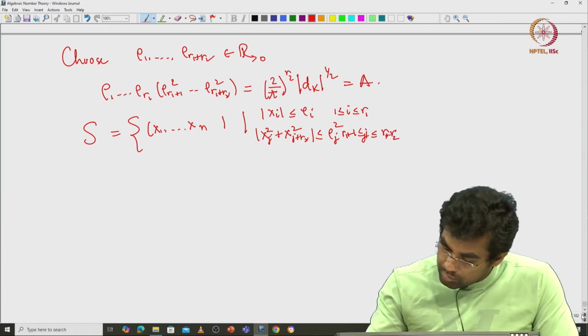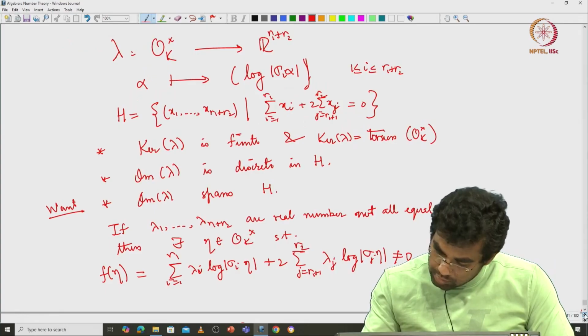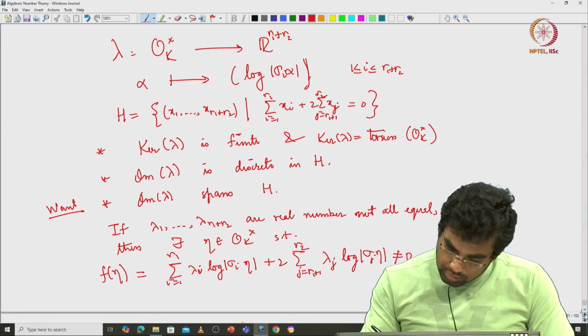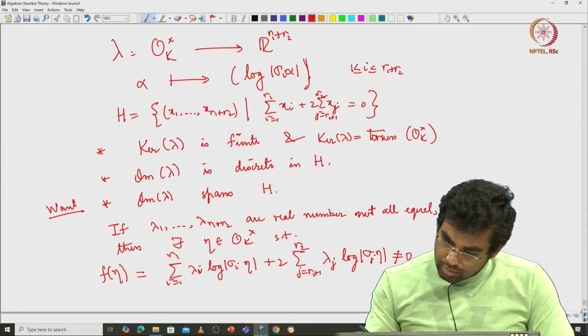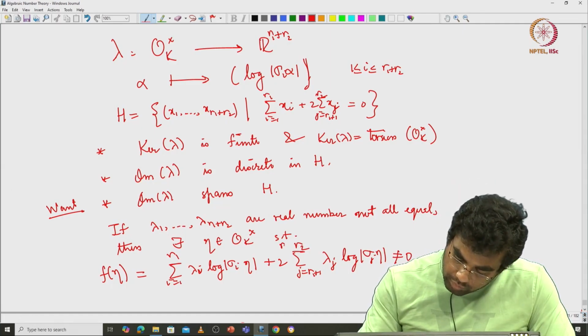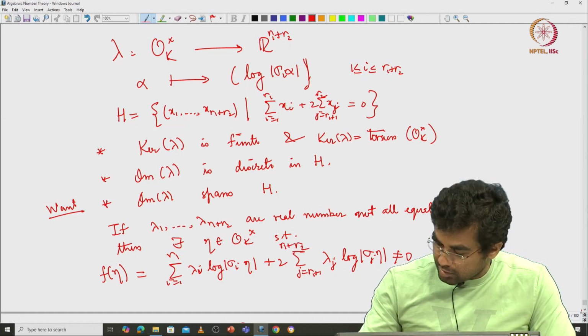Sorry, I think I made a mistake last time, and I think the same thing appeared on the previous page. Yes, this should be r1 plus r2.